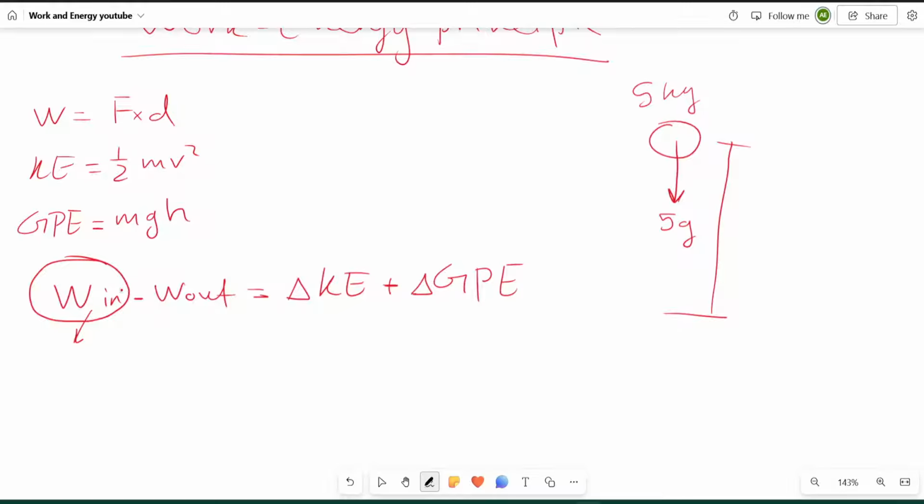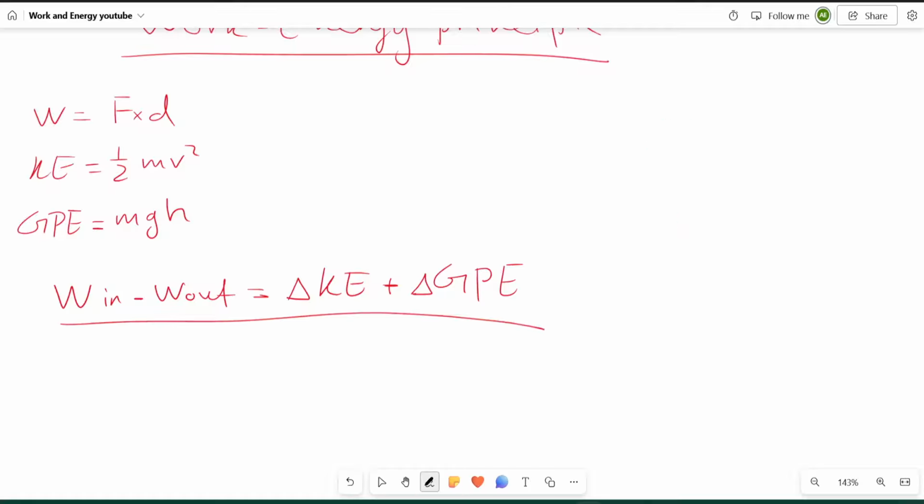That's why I told you it's any external force. The word external means that it's not within the system, it's not the weight. Why? Because in this equation the weight factor is accounted for here in the GPE. Okay, so again, work in is any external force, not weight, that is giving energy to my system.